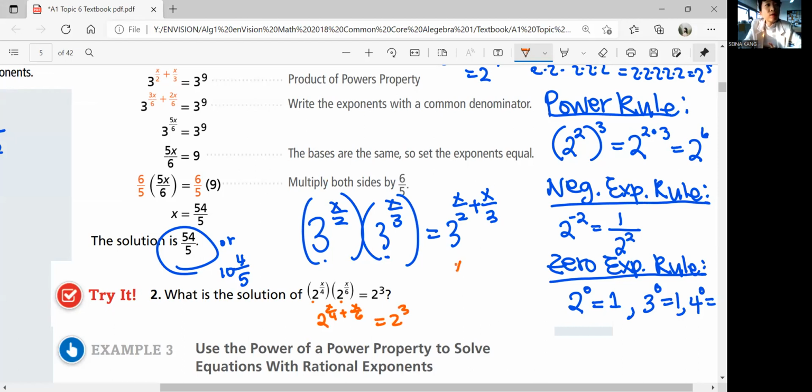x over 4 plus x over 6 is equal to, rationalize the denominator, and you get 6x over 24 plus, or you could, the LCM is 12. So why don't we make it 12, okay?